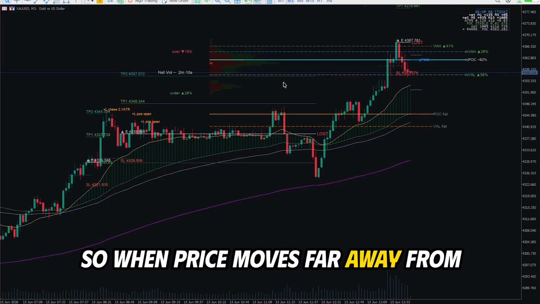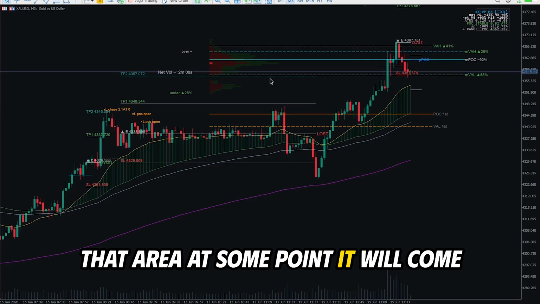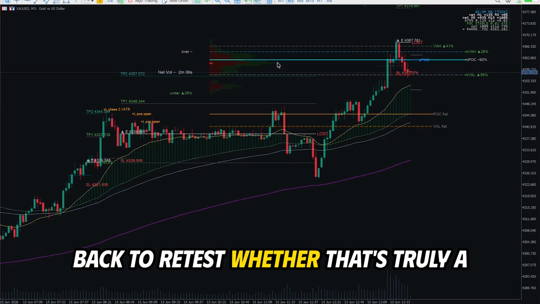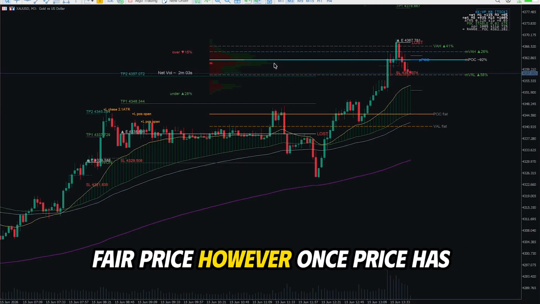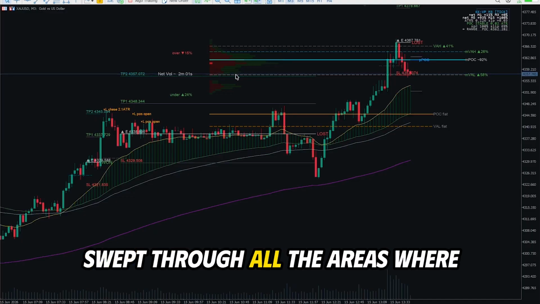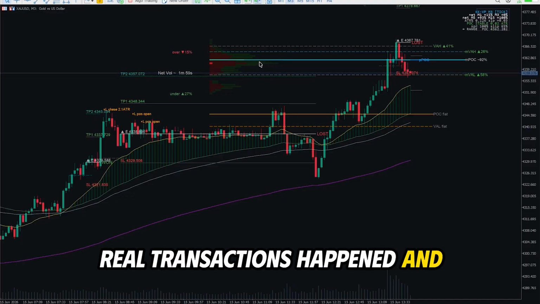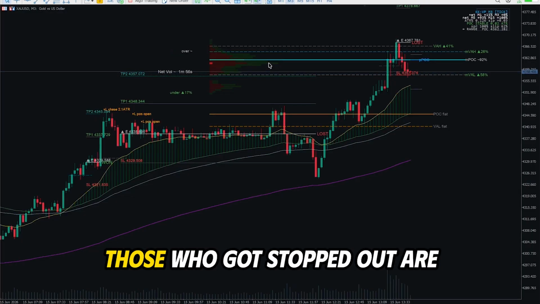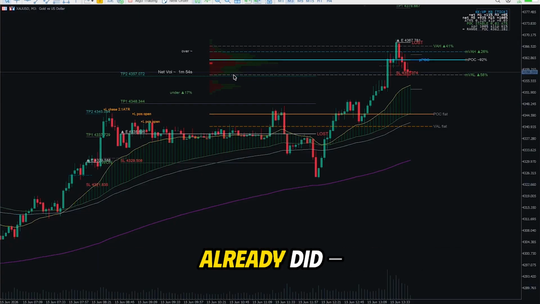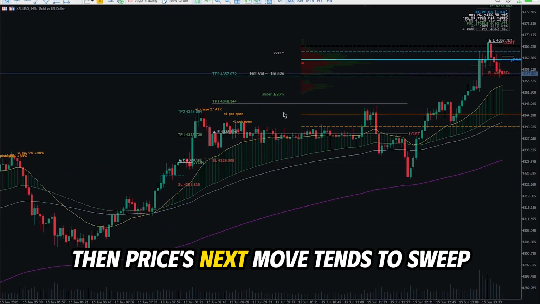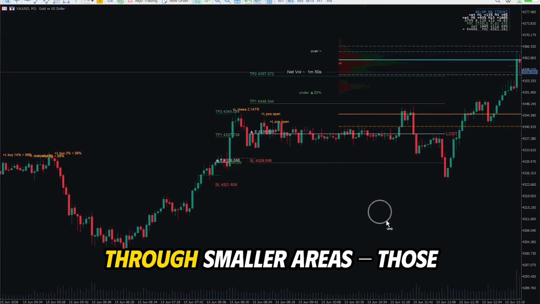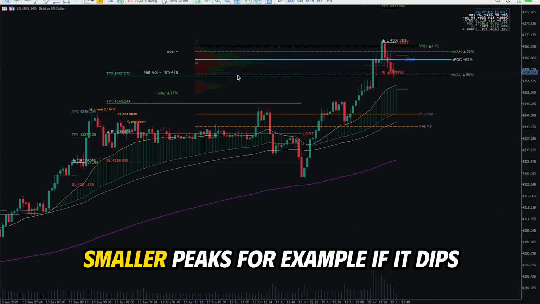So when price moves far away from that area, at some point it will come back to retest whether that's truly a fair price. However, once all the areas where real transactions happen are done and those who got stopped out are already out, then price's next move tends to sweep through smaller areas, those smaller peaks.